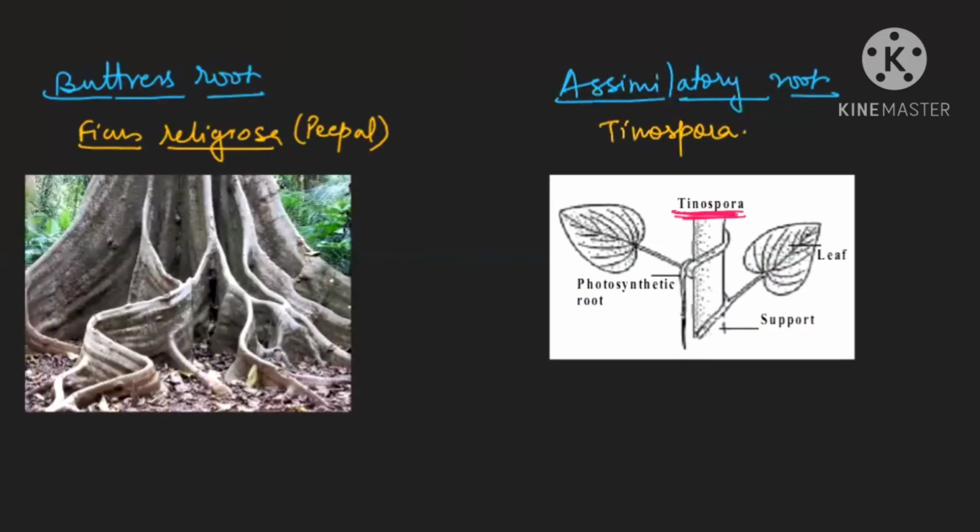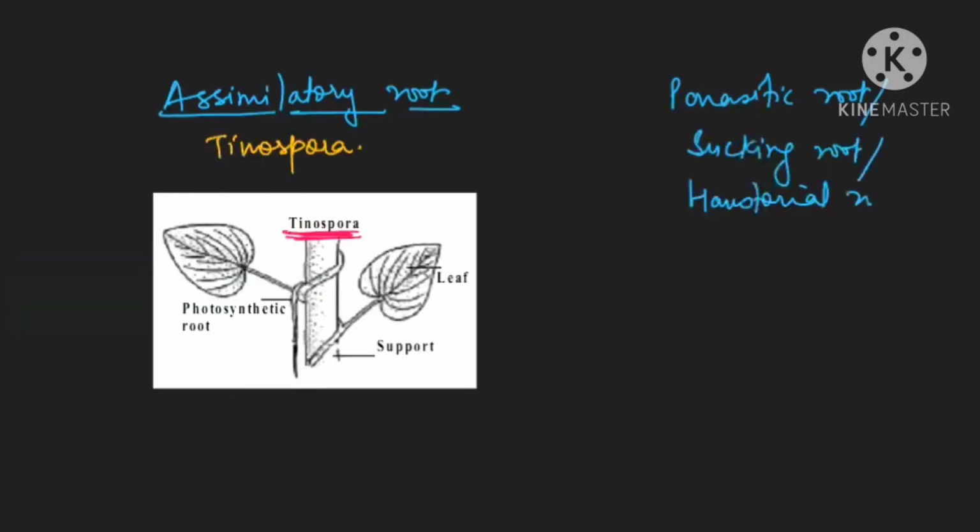One more example, let me explain, is your parasitic root. Parasitic roots are also known as sucking roots. They are known as haustorial roots, because such sucking roots are known as haustoria, and they are shown by those plants which are parasites.